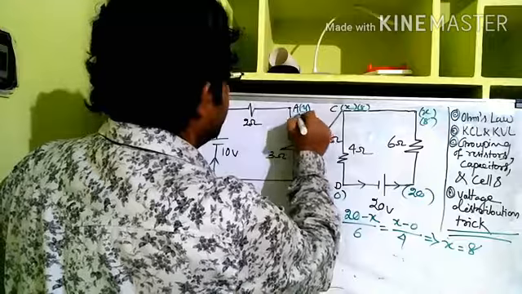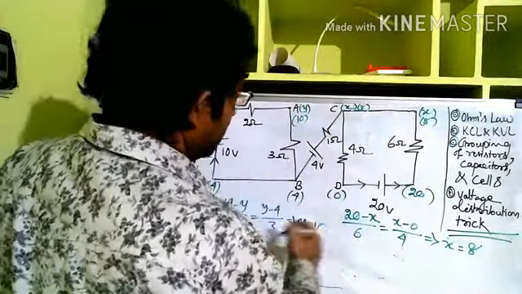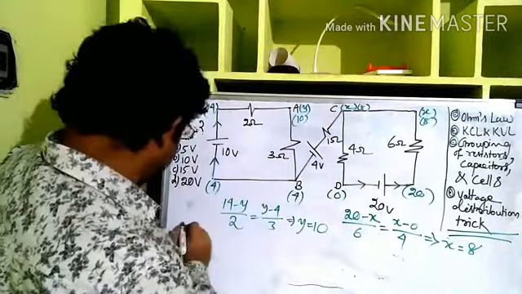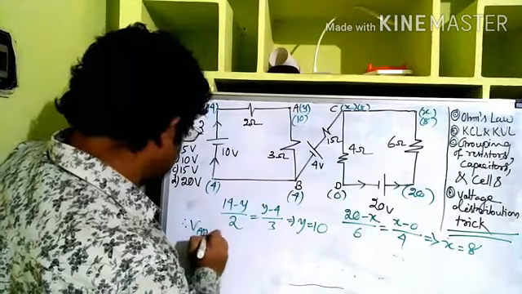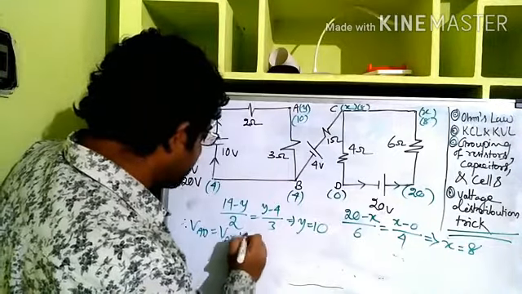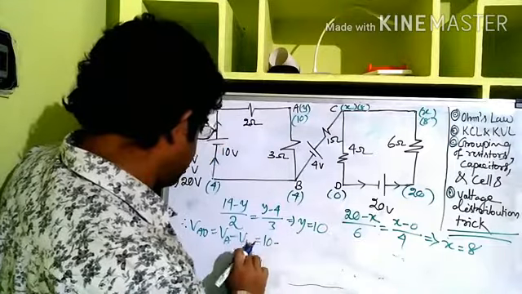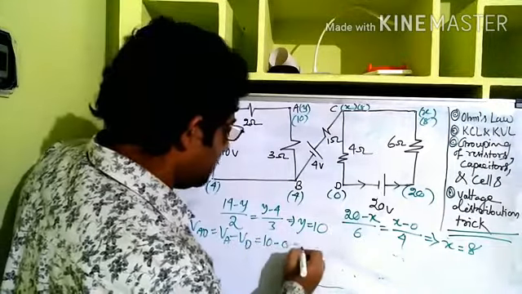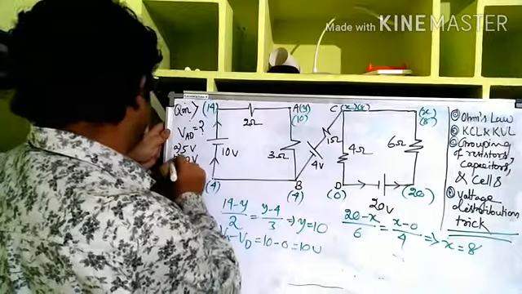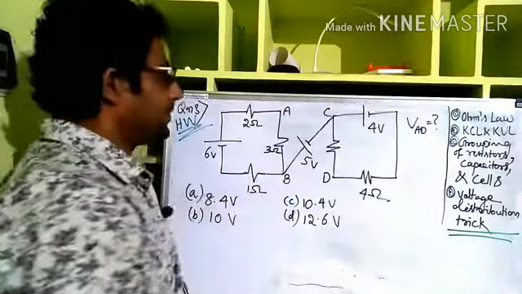So y is equal to 10 volt and D is equal to 0 volt, and simply VAD is equal to VA minus VD, which is 10 minus 0, equal to 10 volt. So B is the correct answer.